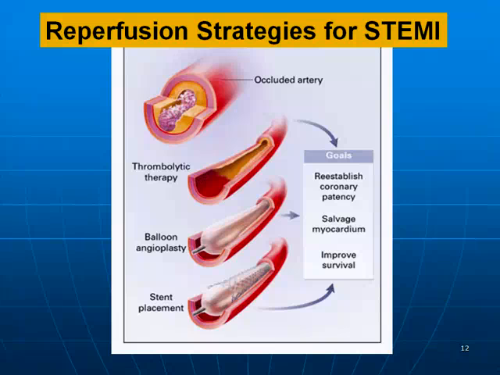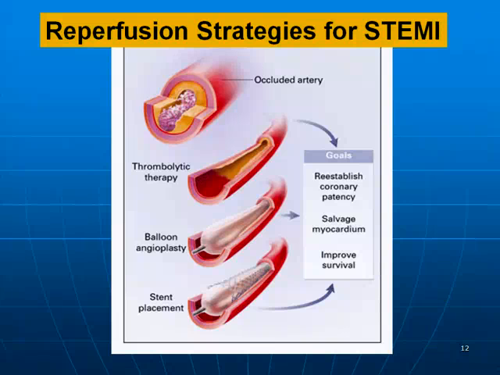Slide 12 basically just gives you a cartoon depiction of what the two basic strategies are for treating STEMI. One is to use the enzyme, which dissolves clot, which doesn't do anything for the atherosclerotic plaque. Remember that when that enzyme wears off, that plaque is still sitting there, and clot can reform.